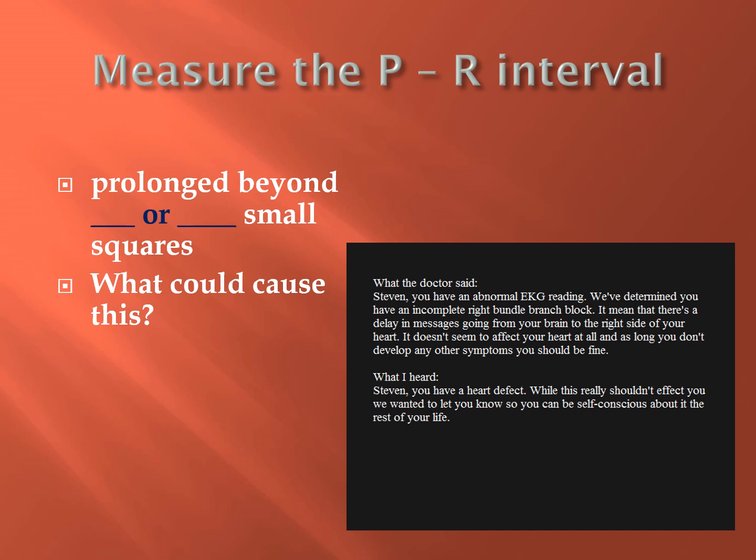In the previous slide we were at 0.16, so that would be a normal PR interval. If it was longer than 0.20 or 5 small squares, this could be a sign of a first-degree heart block or hypokalemia. Those are the things we'd worry about with a prolonged PR interval. So the big things to remember here are ultimately a first-degree heart block or hypokalemia.